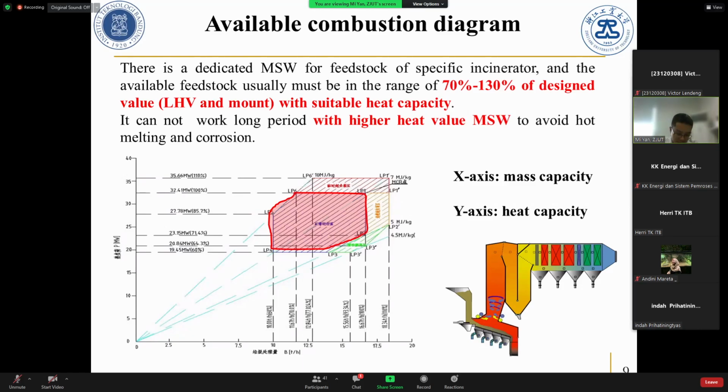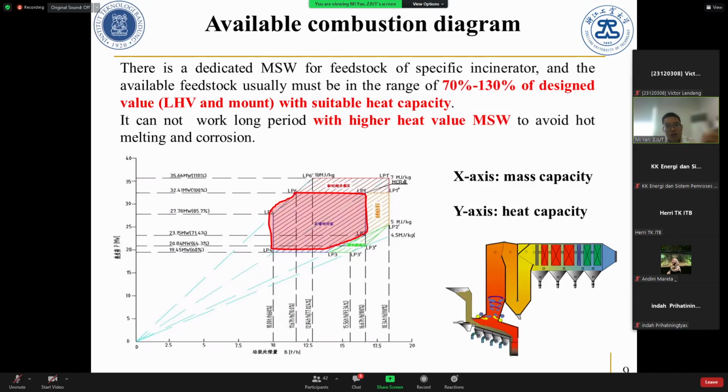So for the WTE incinerator, the experience is like this. Usually, the available feedstock must be in the range of 70% to 130% of the designed value, including LHV and amount. That means the amount cannot be too much or too few.